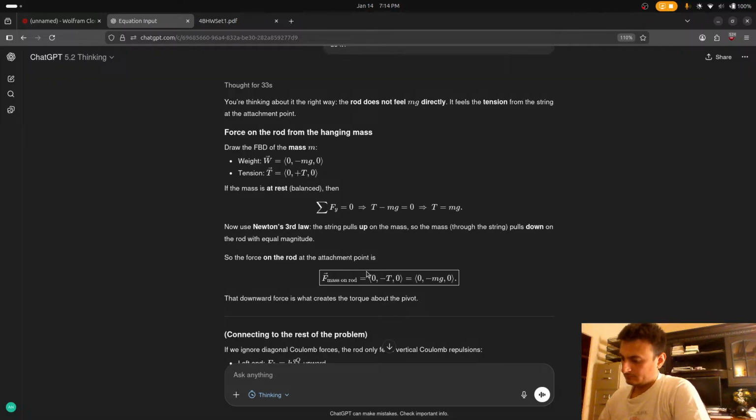Wait, F_T equals (0, T, 0) because it's pointing up. Okay, but then F_G. I don't like the T and W. I like the F's because the notation tells you that it's a force. F_G is going to be equal to (0, minus mg, 0). Okay, that's good. That makes sense to me. So now we know that F_T plus F_G is equal to 0, thus T equals mg. Okay?